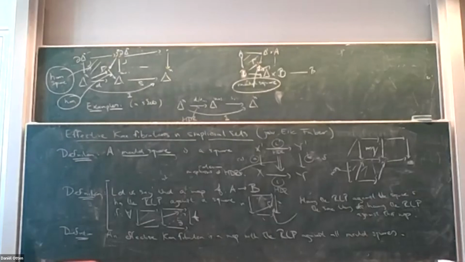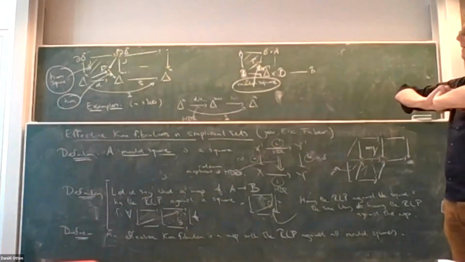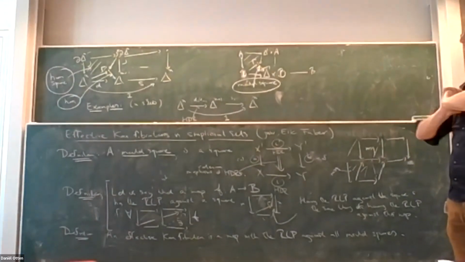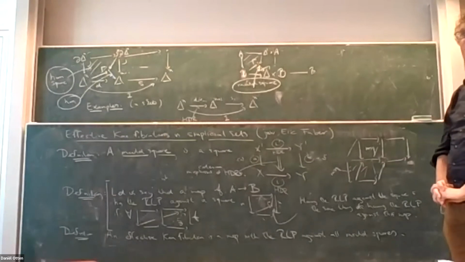So you do expect that you can put these into a model structure. I still have hope. I'm optimistic. No, I mean, I don't know. I have no reason to believe that it is impossible. It's not a very optimistic statement.